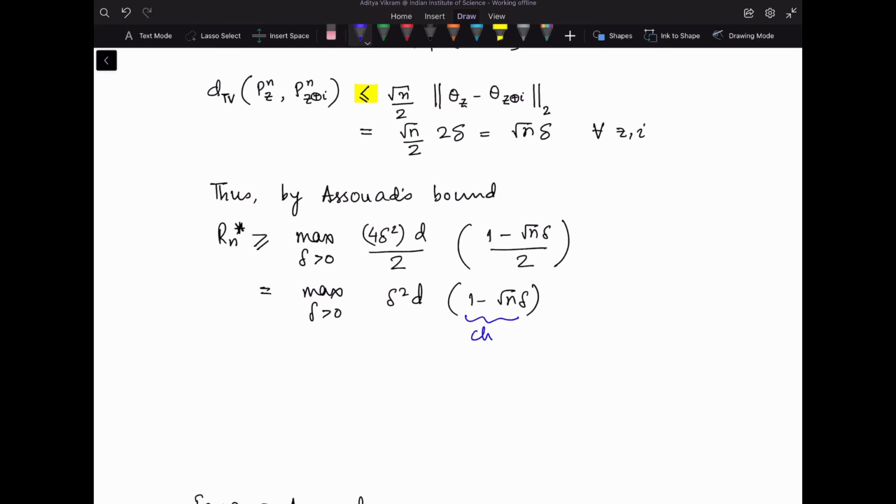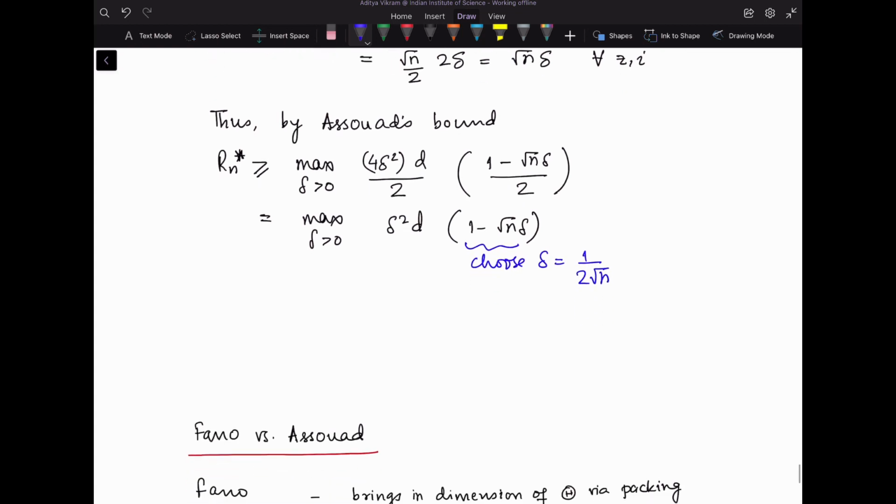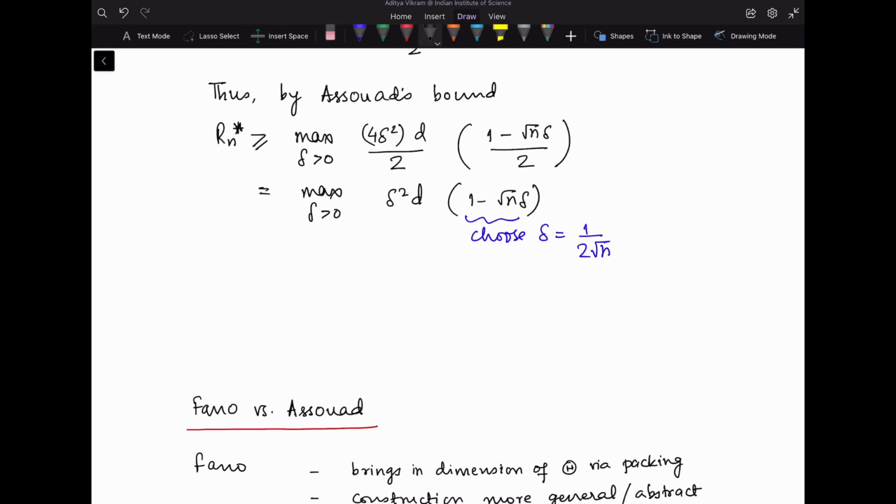So choose delta as 1 by 2 root n to make the term inside the parenthesis half. Setting delta equals 1 by 2 root n, we get Rn star is at least d by 8n. Note that we have the optimal dependence on d here.